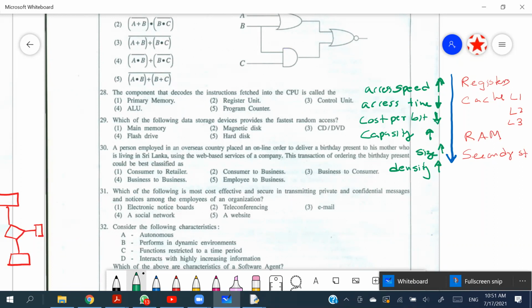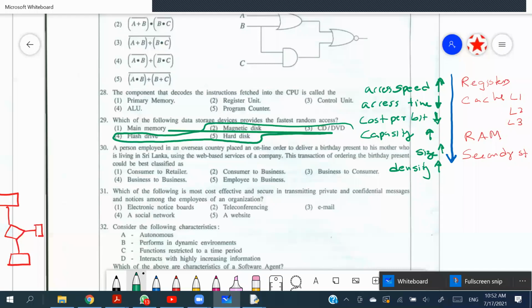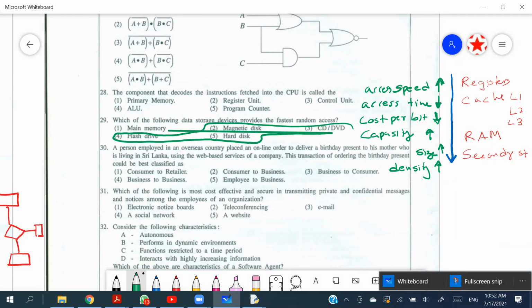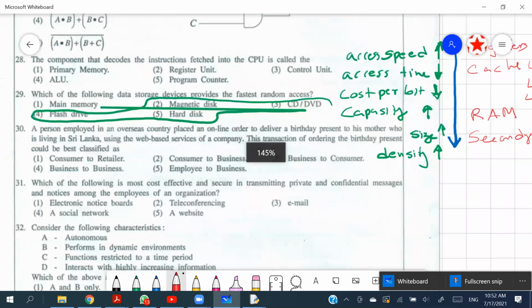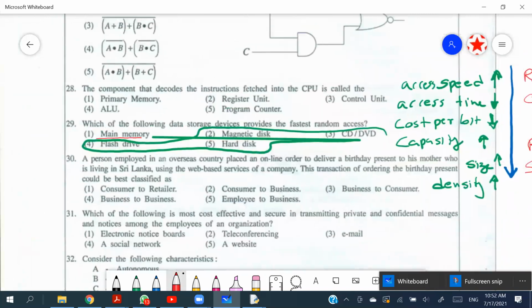So which of the following data storage devices provides the fastest random access? It has main memory, magnetic disk, CD, DVD, flash drives, hard disk. If you consider this category, all are secondary storage, and RAM, the main memory, stands before them, right? So the answer is going to be the first one, because main memory is going to have the fastest access. So in 29th, the first one is the answer.